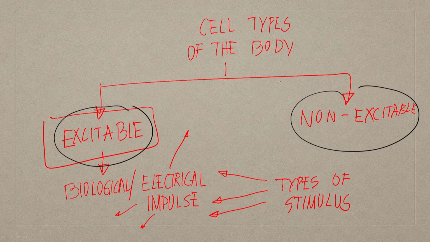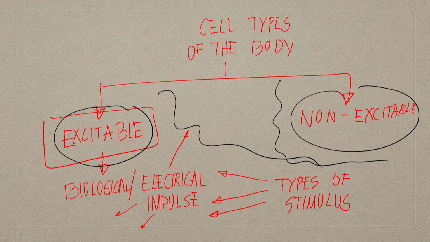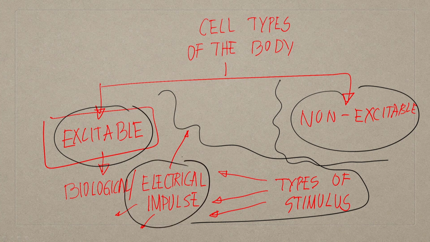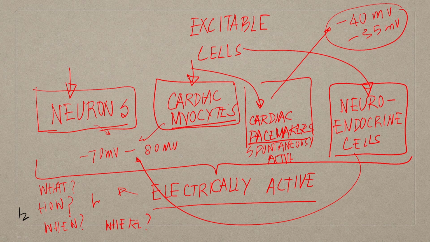So we are not dealing with non-excitable cells at this point. We are only dealing with the excitable cells, and they are called excitable because they generate electrical impulses. Based on that, the different excitable cells we discussed are all the neurons, both central nervous system neurons and peripheral nervous system neurons.